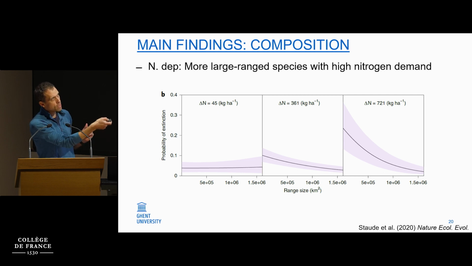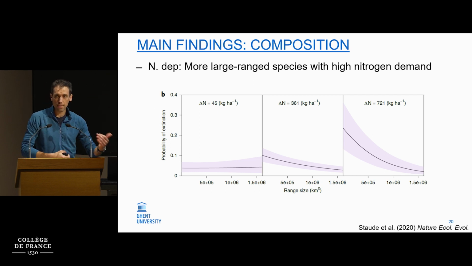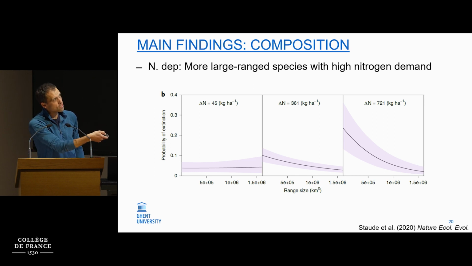But in regions where there is a lot of nitrogen added between the first and the second time point, then this range size is becoming more and more important, and we see that species with small ranges have the highest probability of extinction, whereas common, generalist species with a large distribution range have a probability of extinction that is not different than in a region with low nitrogen deposition.